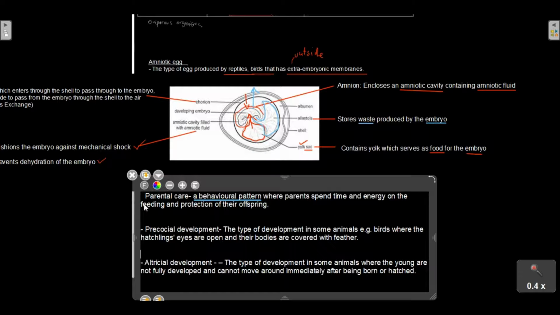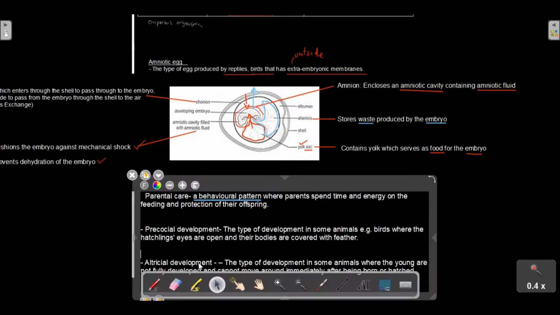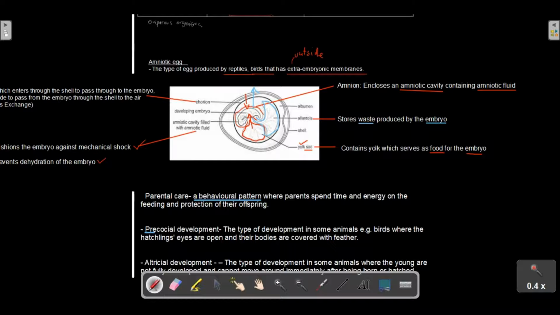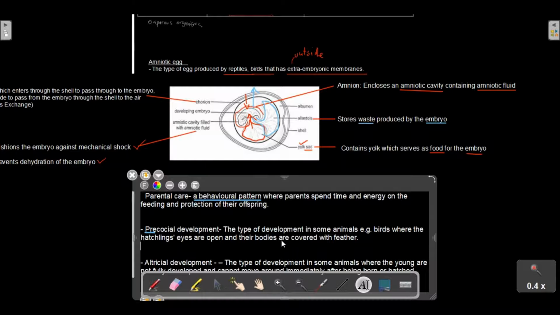They do not need parental care. That's what we call precocial development. So they are pre-developed. They are born knowing everything. This is a type of development in some animals where, for example, in birds, the hatchlings' eyes are actually open.